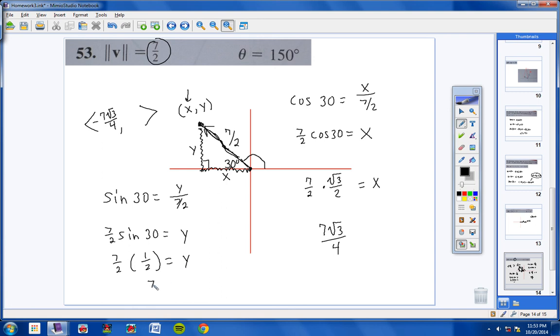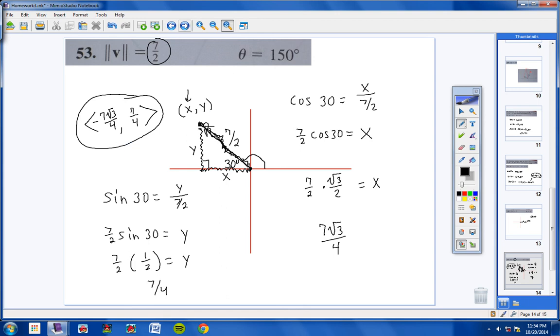So we'll get 7 over 4. Now that's going up, so that'll be a positive 7 over 4. So there we go. This vector, in which we were given the angle that it formed with the x-axis and its magnitude, the component form would be this right here. Let me check the back of the book real quick, and yes, that is correct.